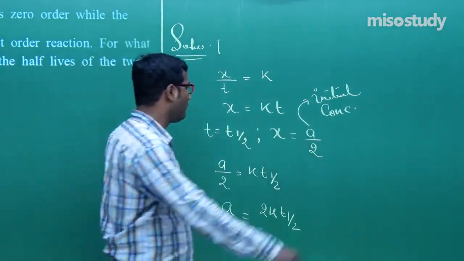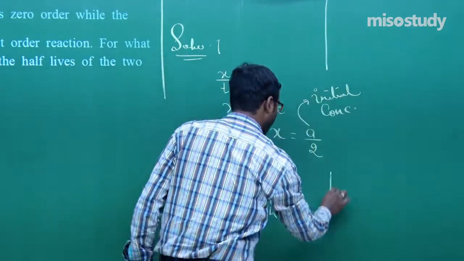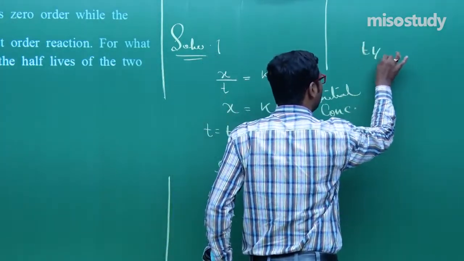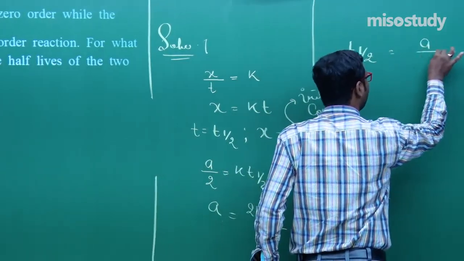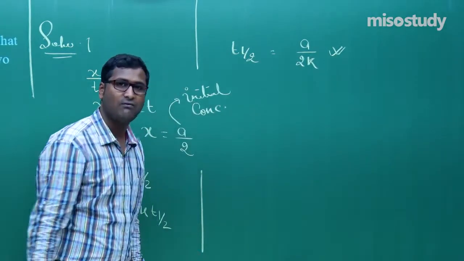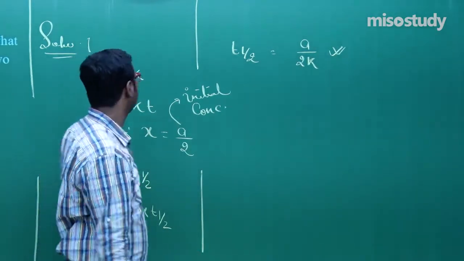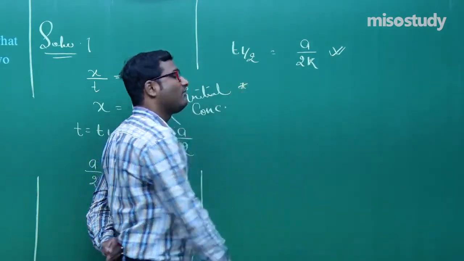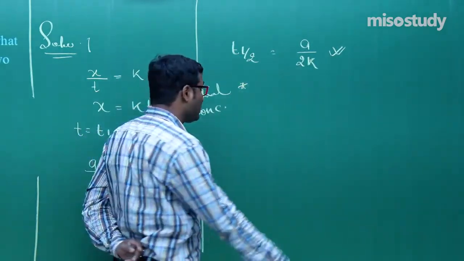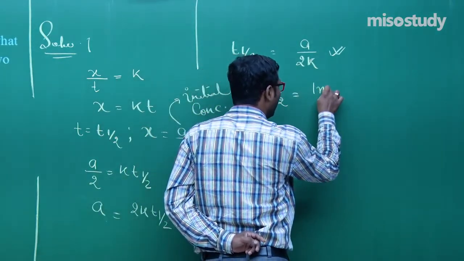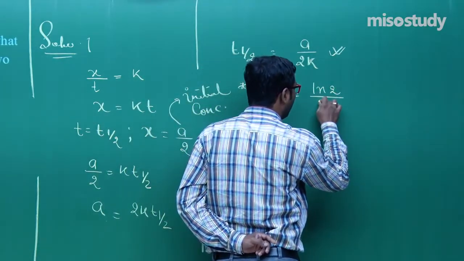This is the equation I am moving here, check it out. t half will be equal to a upon 2k. This is the expression for t half for the first equation. Now let's move to the next one, the first order. For a first order reaction, t half is equal to, as we know, ln 2 upon k.